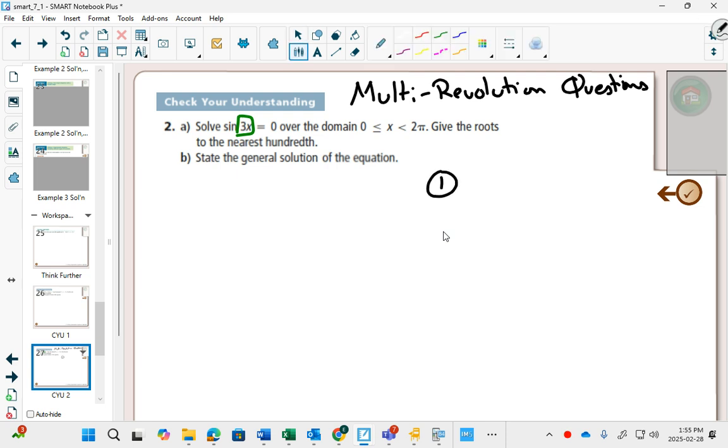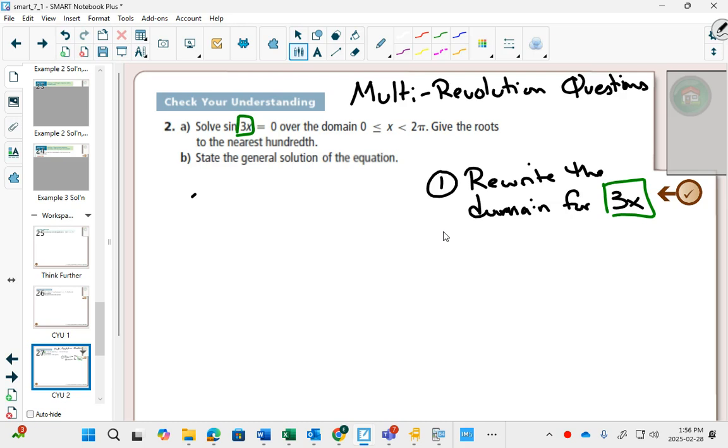Number one, you are going to rewrite the domain for, and I put that in the green box because it could change. In this question, I have 3x. In another question, you could have 2x. In another question, you could have 4x. But you're going to rewrite the domain for whatever's inside.